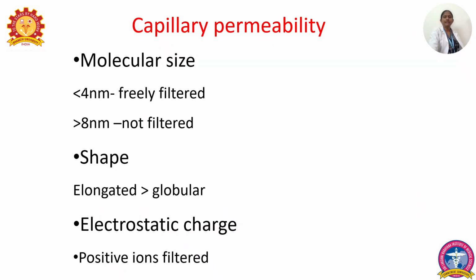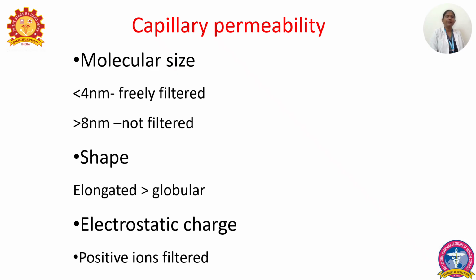Whenever we talk about capillary permeability, it depends mainly on the size of the molecule or the particle which is getting filtered, the shape of the molecule, and the charge of the molecule. When the size of the particle is less than 4 nanometer, it gets easily filtered and passes through the slit very easily.